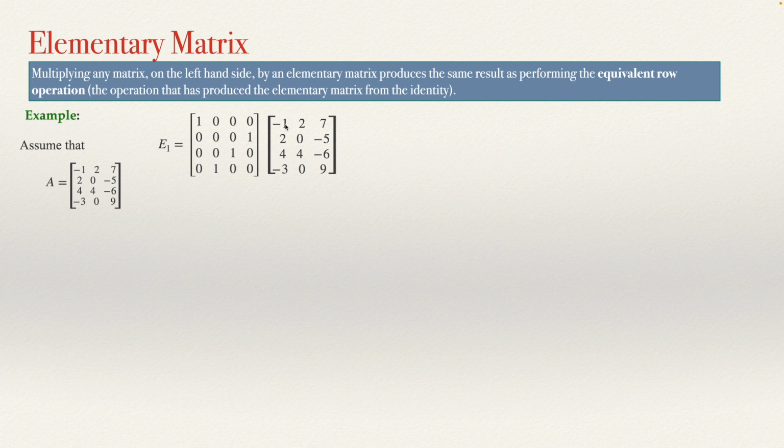So when I multiply first row, first column, the answer is just -1, the same number that we have at the beginning. For the first row, second column, it will be 1 times 2, 2, but the other products will be 0. So it will be 2 plus 0 plus 0 plus 0. So it doesn't change this 2.